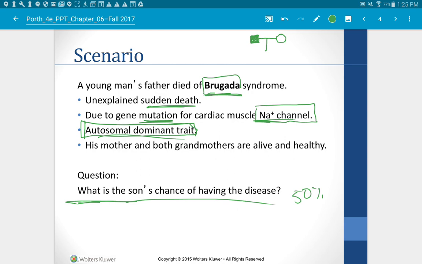I think it's because it says both grandmothers are alive and healthy. I think it's saying that the father likely has one dominant and one non-dominant allele. Right. And the mother has 2 non-dominant, so the likelihood that the son has it is only... But they're not 4 alleles. So the question is, because this is a dominant allele, we'll use B's here.